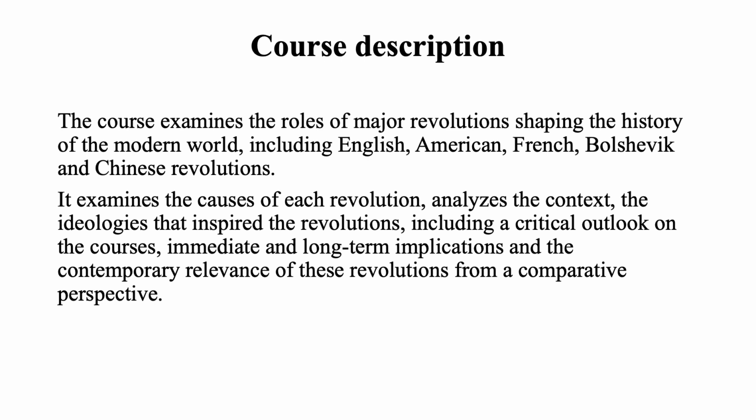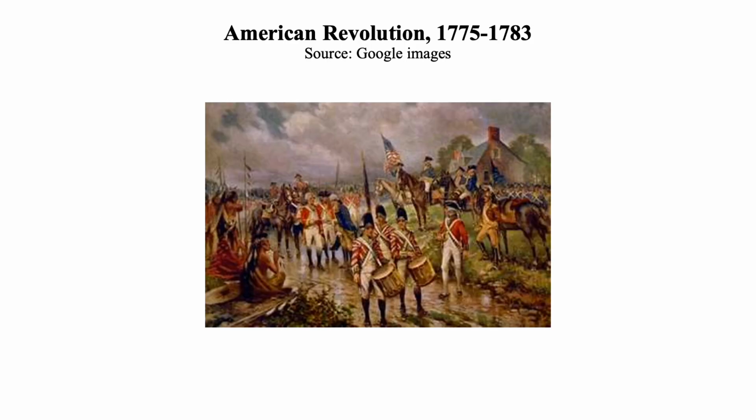So in this slide, in the American Revolution slide, the American Revolutionary War took place from 1775 to 1783. In this picture, we can see the revolutionaries, the patriots, who fought for the independence of America.